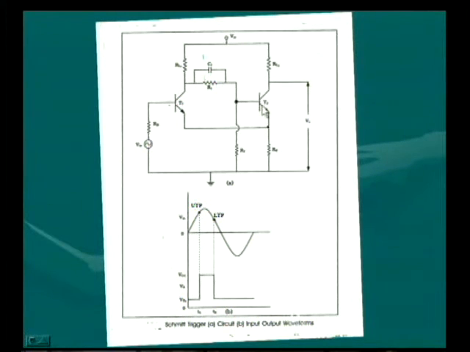This state will continue until the input signal reaches a value which is less than this upper triggering point. When the input voltage becomes less than this point, which is called the lower triggering point, once again transistor T1 will be switched off and automatically transistor T2 will be switched on.